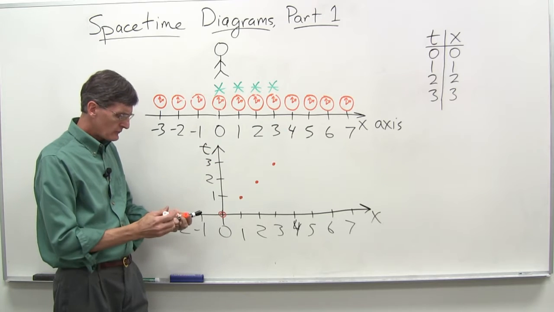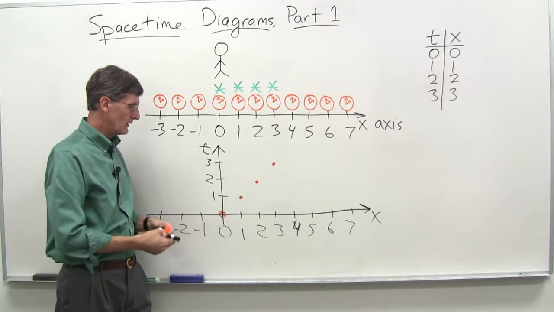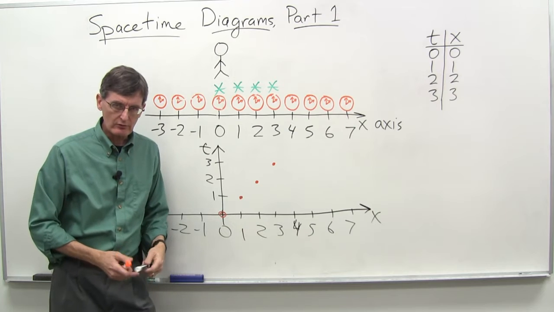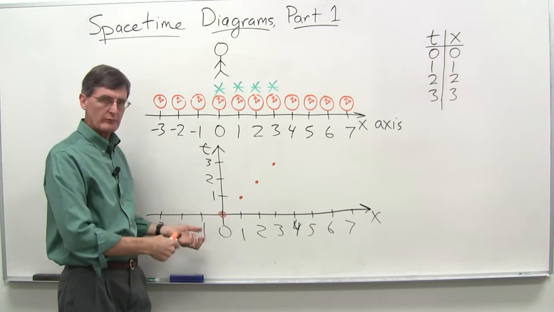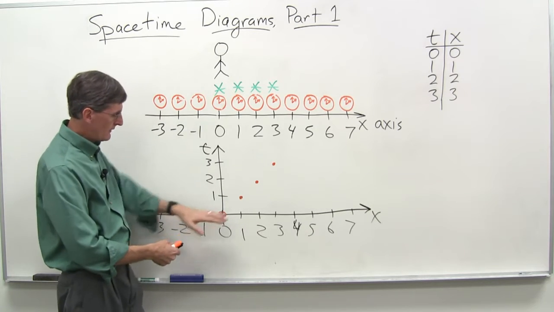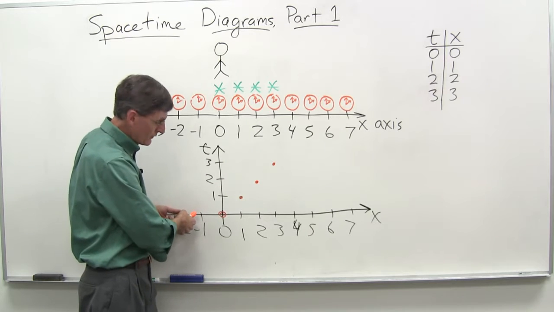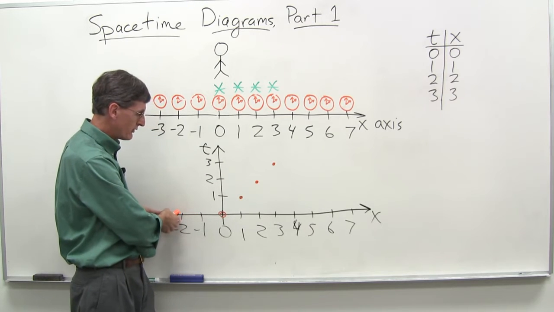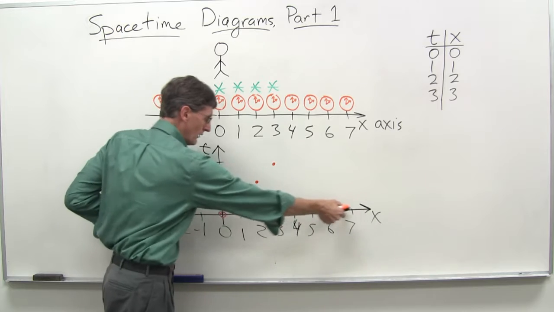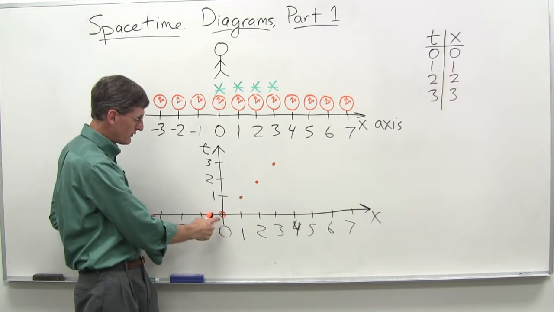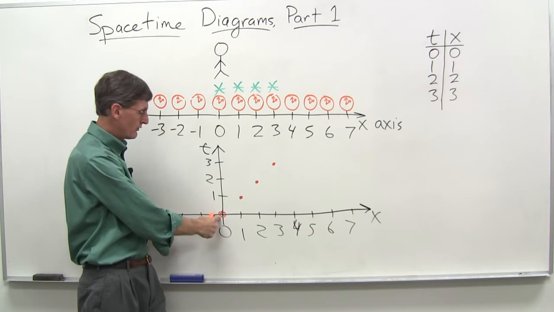And in fact, sometimes it's useful to imagine a little stop-motion animation or something that maybe you've done once upon a time. Each time slice here, at time t equals 0, this is a photograph of the x-axis. And at time t equals 0, there's an event, a flash that occurs right there.